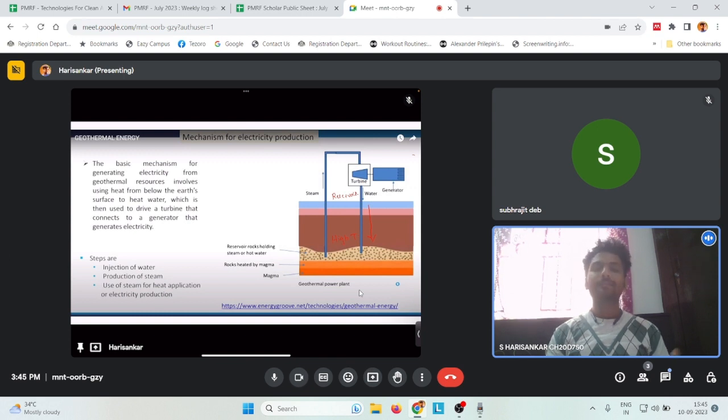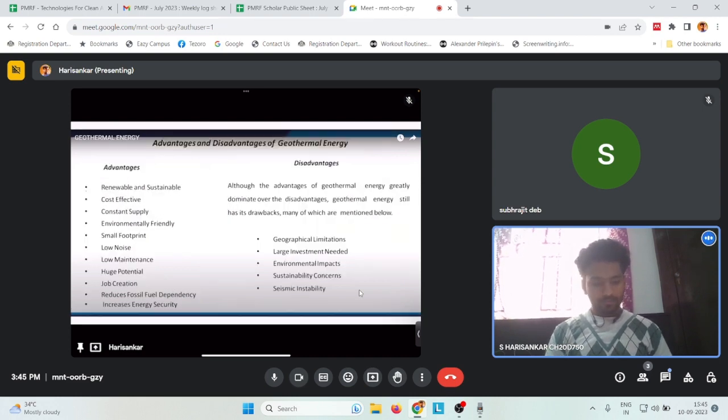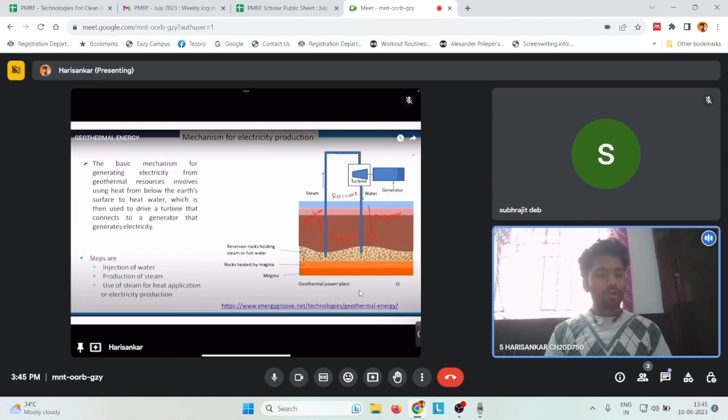Let's say this part is called injection, and this part is called collection. So water is injected into the surface where the temperature is very high, and because the temperature is very high, whatever water is passed will be converted into steam.